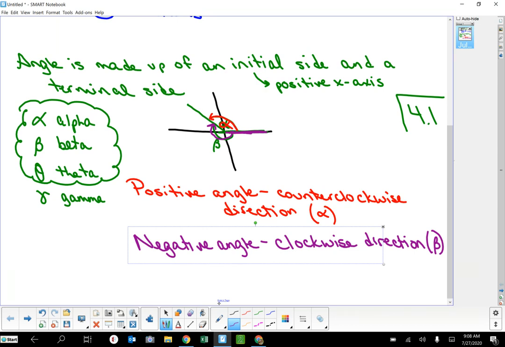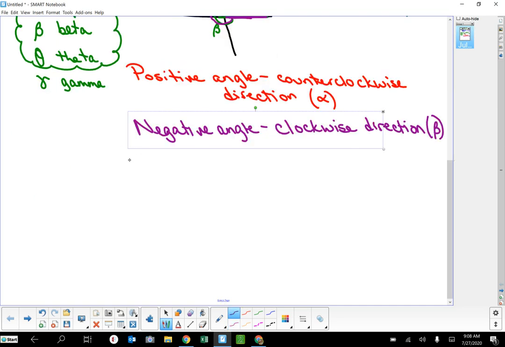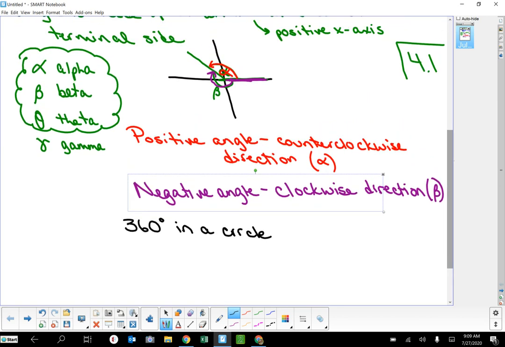So also recall that there are 360 degrees in a circle. So in this case, if I was to tell you up above that, let's say alpha was 135 degrees, we would know that beta would be 360 minus 135, except the answer would be negative.